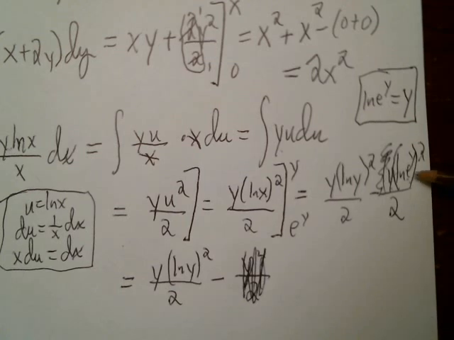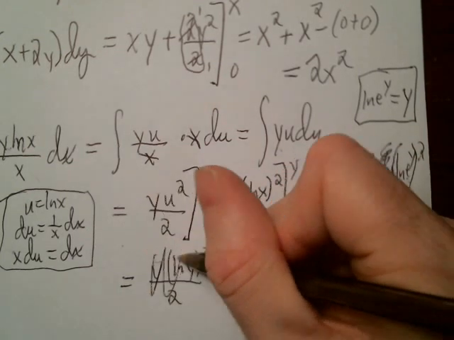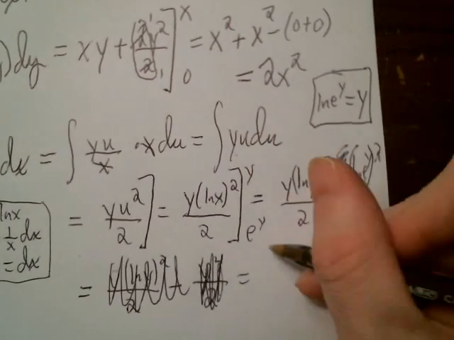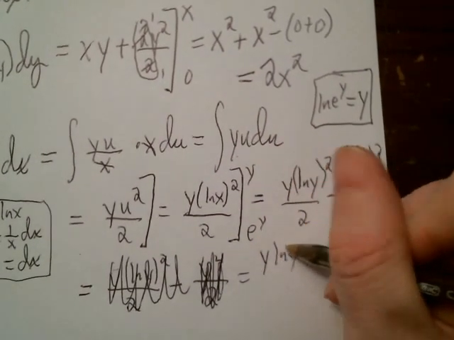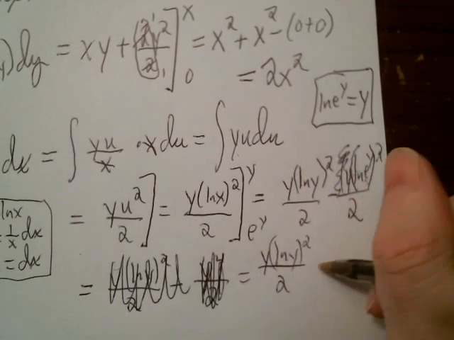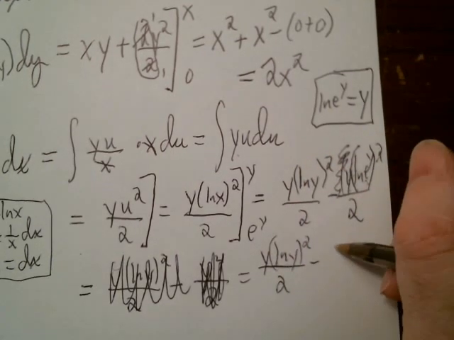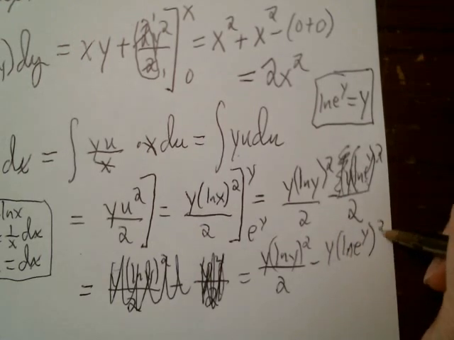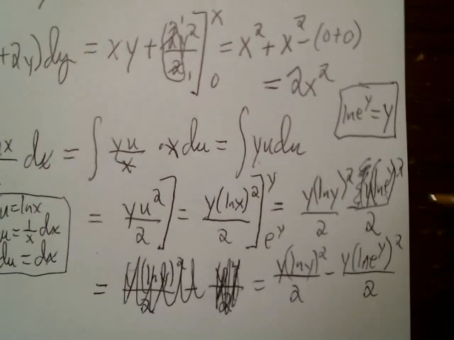So, all right, let me just rewrite that. Let me rewrite this part. So it's y ln y squared all over 2 minus y times the ln of e to the y squared all over 2. And what I'm saying again is that this part in here is just y.